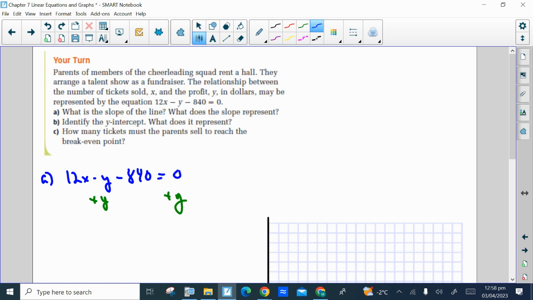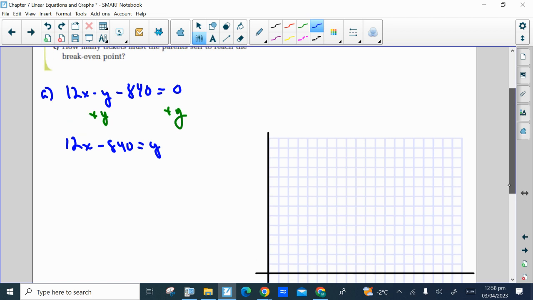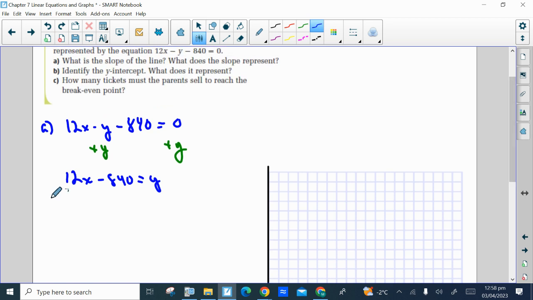All you have to do is add y to both sides, and you will have positive y by itself on the right, equaling 12x minus 840 on the left. And again, that will be the same as y equals 12x minus 840.